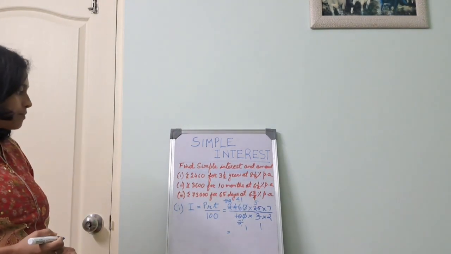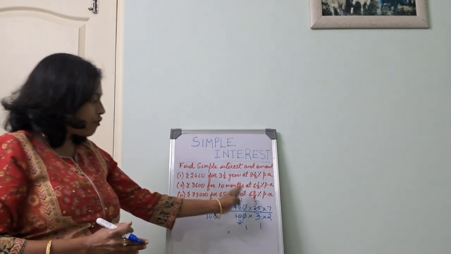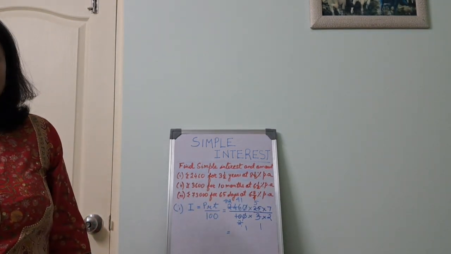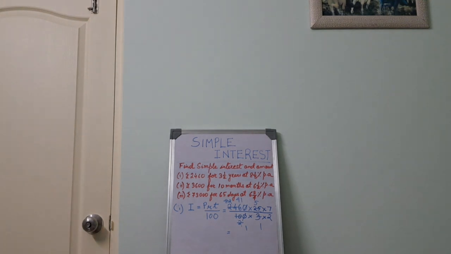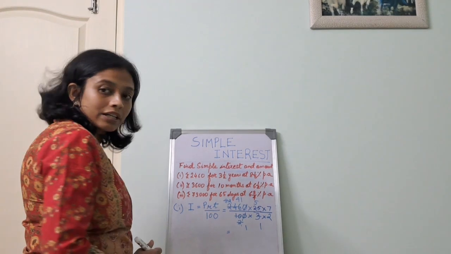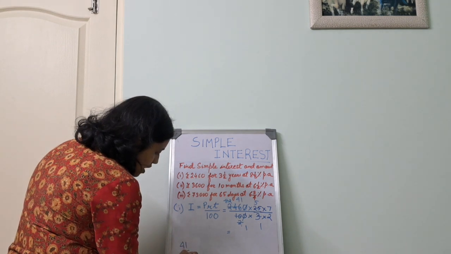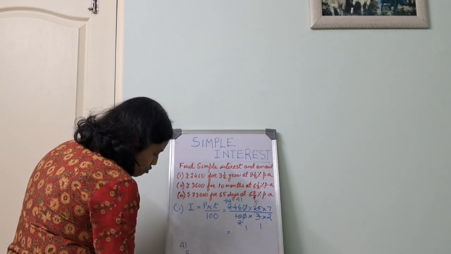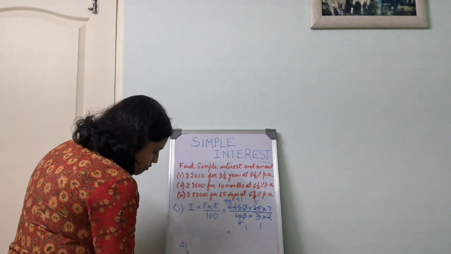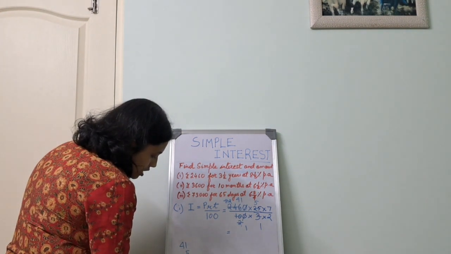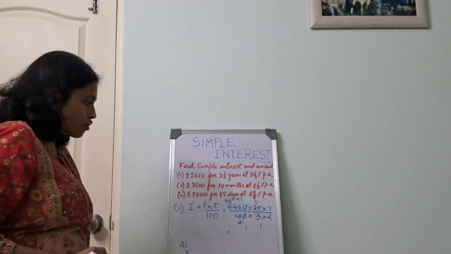So calculate 41 into 5 into 7 by 2. So how much is that? So let's do a little bit of rough work. 41 into 5 is 205. That into 7 is 35, 3, 14, 1435.